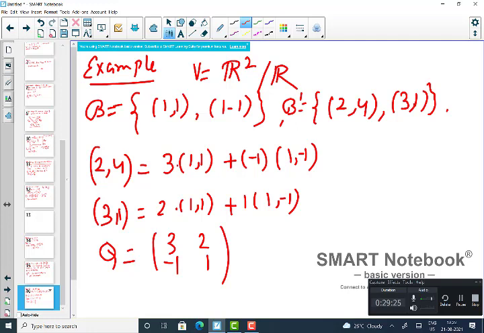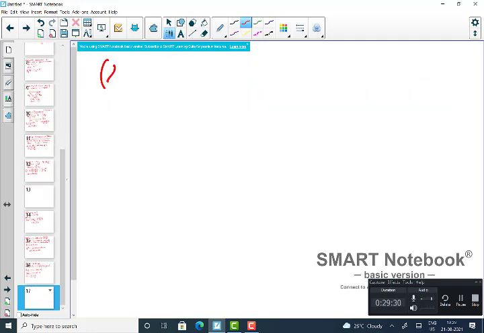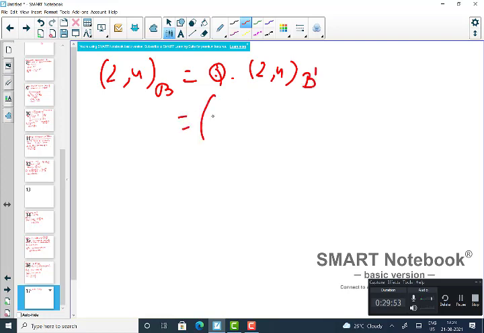For example, you write down (2,4) in terms of B dash coordinates and multiply by Q. What are the B coordinates of (2,4)? It will be Q times the B dash coordinates of (2,4). Q is nothing but the matrix with rows 3, 2 and -1, 1.